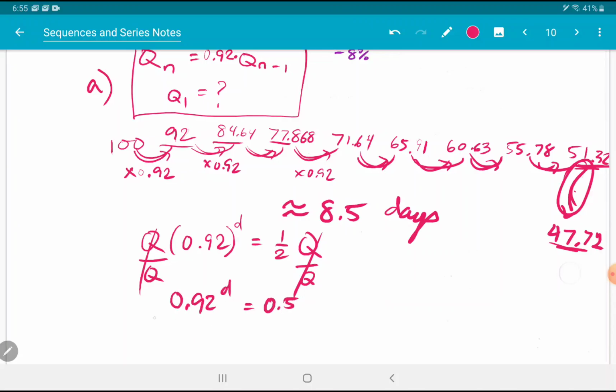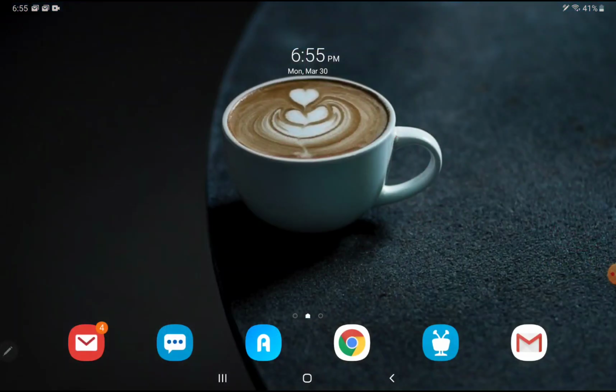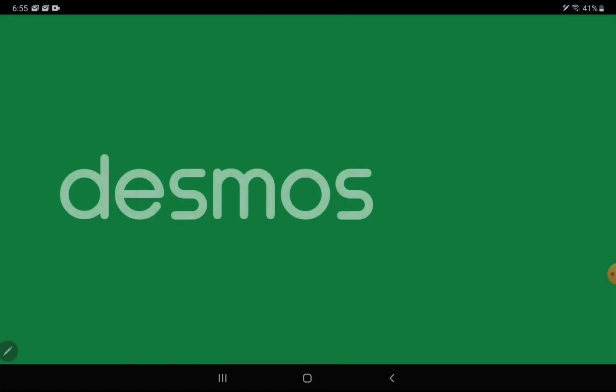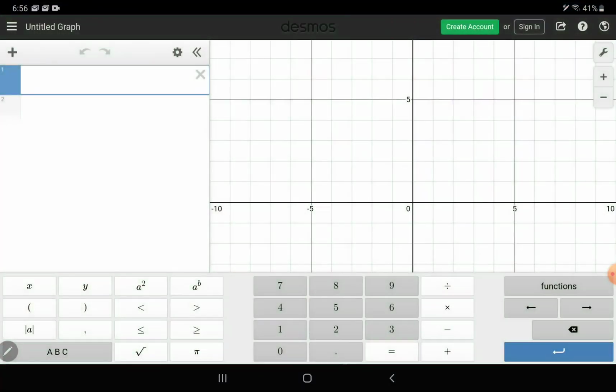Remember how to solve for D? We can log both sides and bring the D down. So you get log of 0.5 and then your calculator. Let me pull up Desmos.